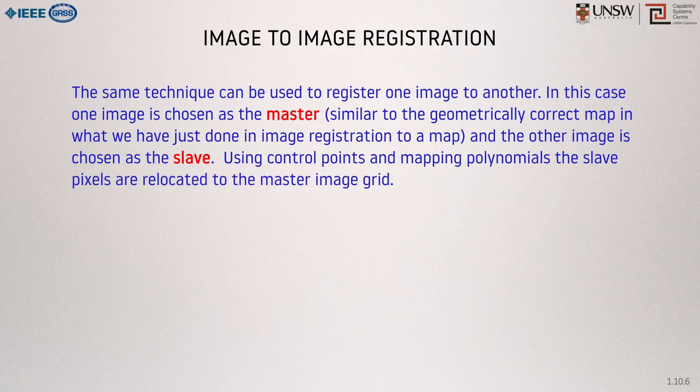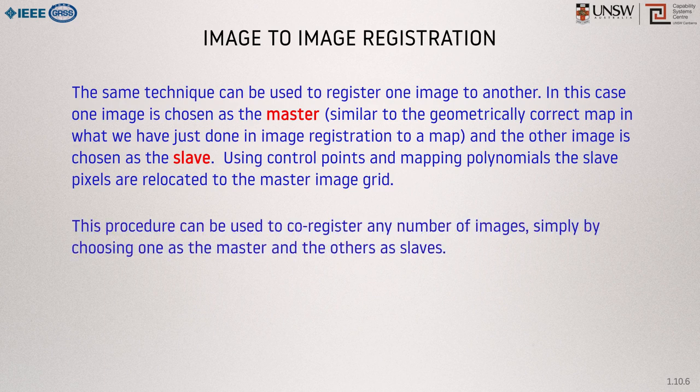Although we have developed the process of using mapping polynomials for registering an image to a map, and therefore effectively removing the major sources of geometric distortion, the same process can be used to co-register sets of images.